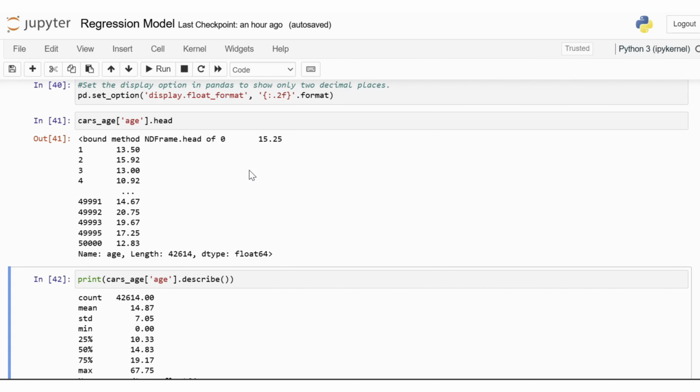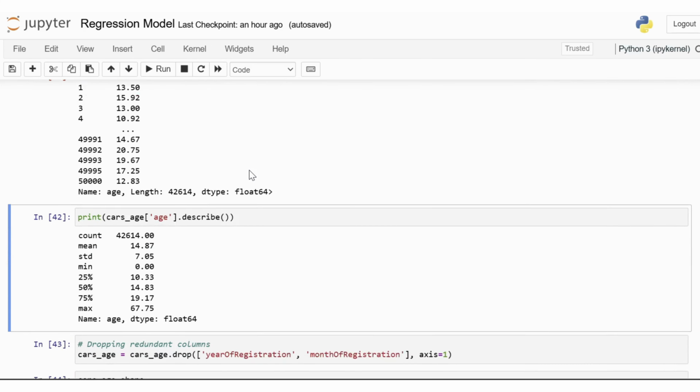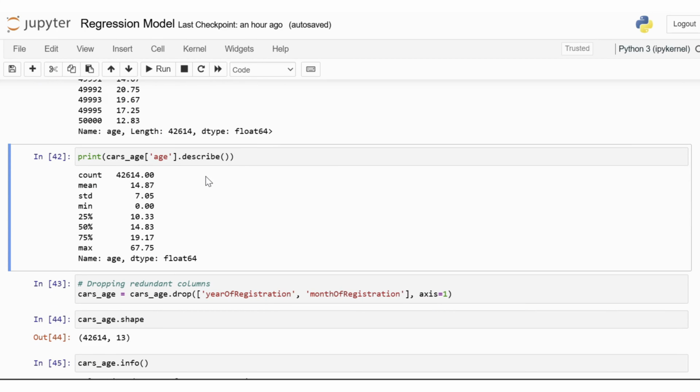Now, let's quickly run the describe function on our data frame to summarize the age column. Here's the summary we get. The count, 42614, indicates the total number of non-missing entries for age. The average age is approximately 14.87 years. The standard deviation is around 7, showing the spread of the ages from the mean. The minimum age is 0, which means some cars are newly registered.